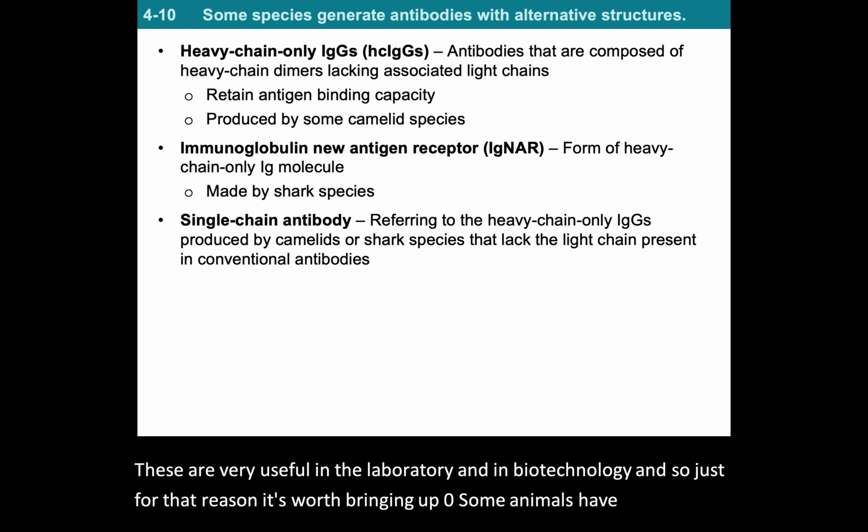And these are, like I said, just heavy chains that have that variable region at the end so they can bind to whatever the heavy chain can grasp. They just don't have a light chain to help it bind to more stuff. So they're a little bit more limited, but they are definitely around. And things like camels and llamas and alpacas will have heavy chain only IgGs.